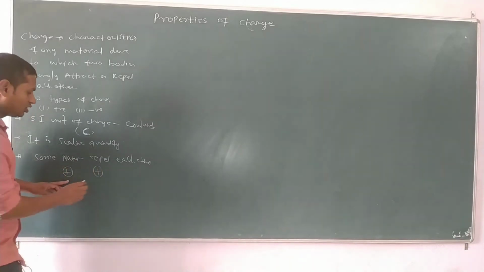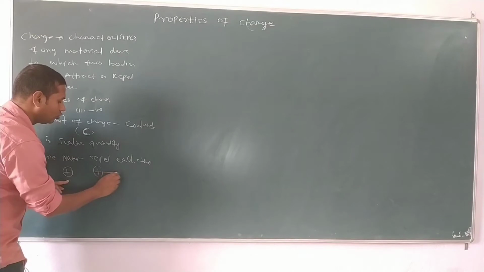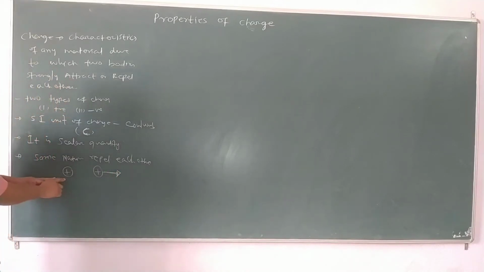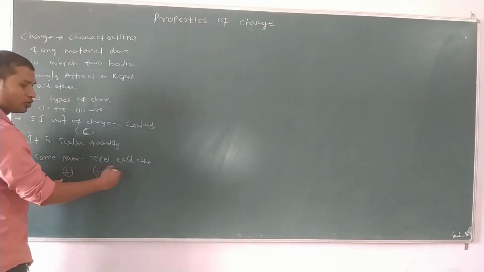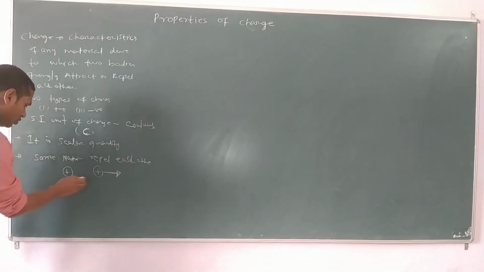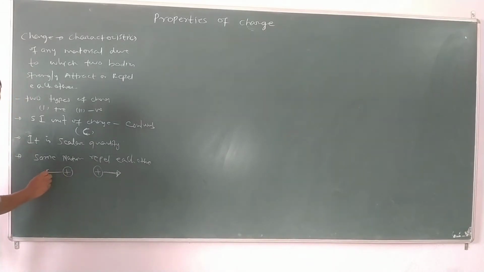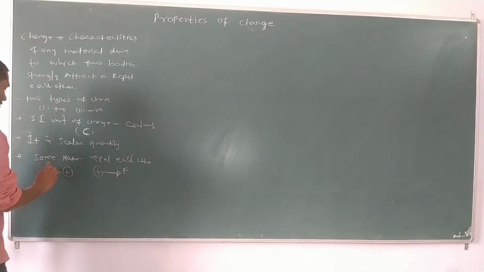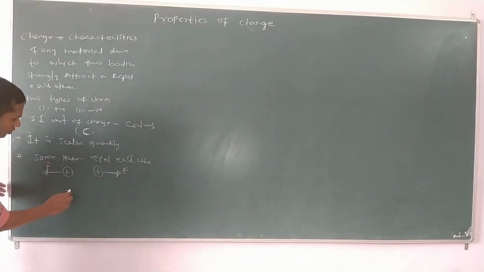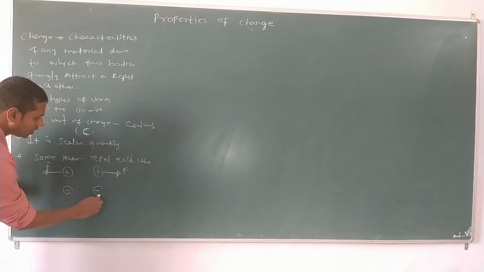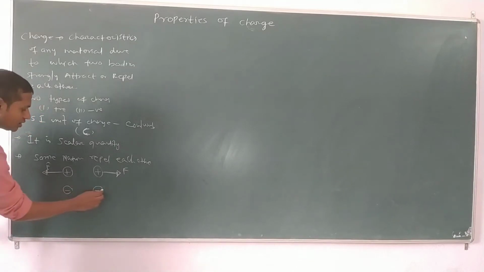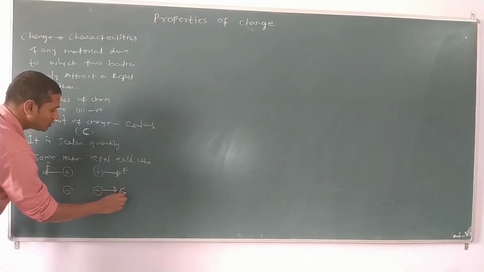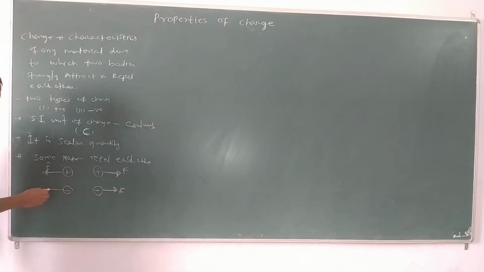This positive charge will apply a force to repel the other outside, and the other positive charge also repels it by applying some force. The same holds for negative charges: each negative charge applies some force to repel the other.